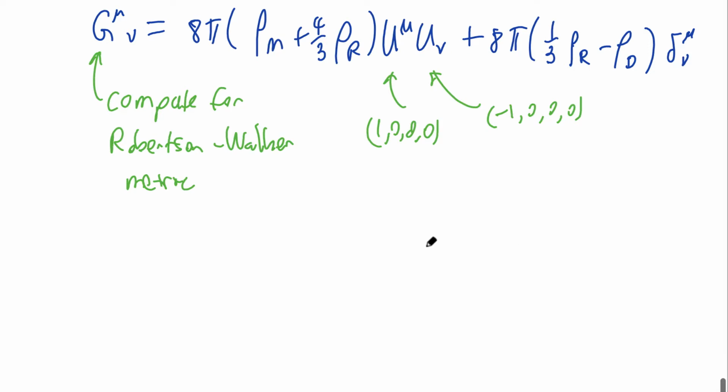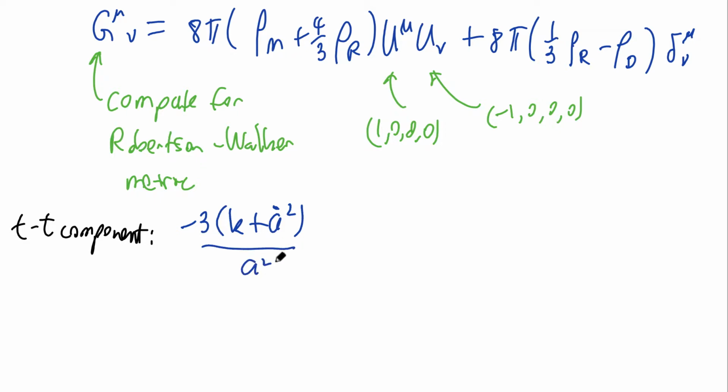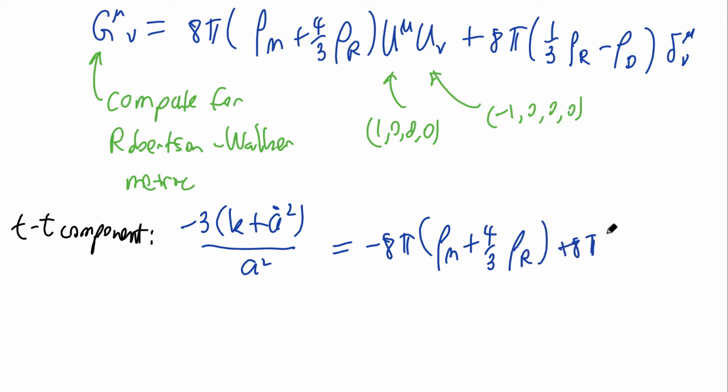And here are the results. The TT component is minus 3 times k plus a dot squared divided by a squared. That's G upper t lower t equals minus 8 pi, the minus sign comes from this minus sign, times rho m plus 4/3 rho r plus 8 pi times 1/3 rho r minus rho d.